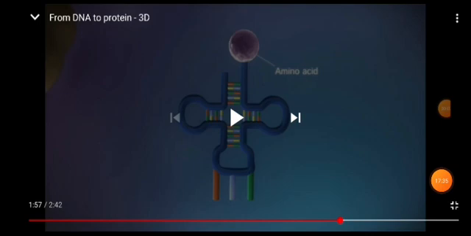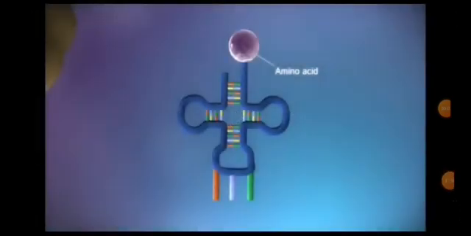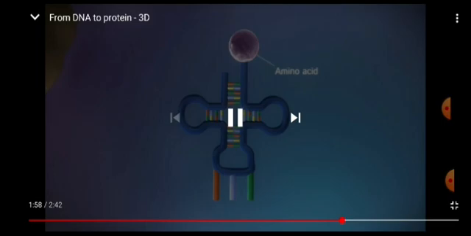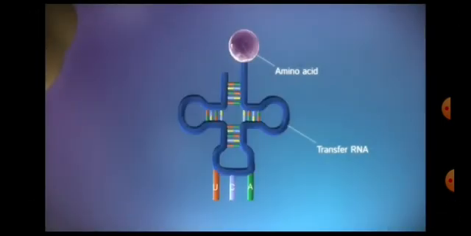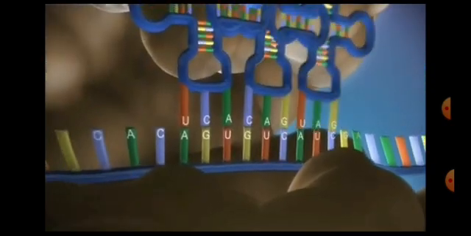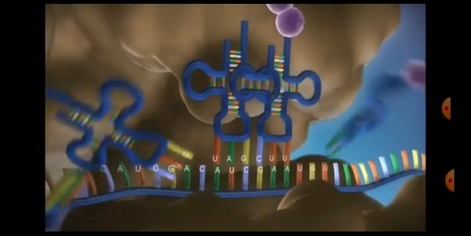This genetic code is triplet, and we know that there are 20 different types of amino acids. So this sequence of anticodon determines the addition of amino acids. This tRNA then binds to the specific codons present in mRNA, and then it goes on adding these.